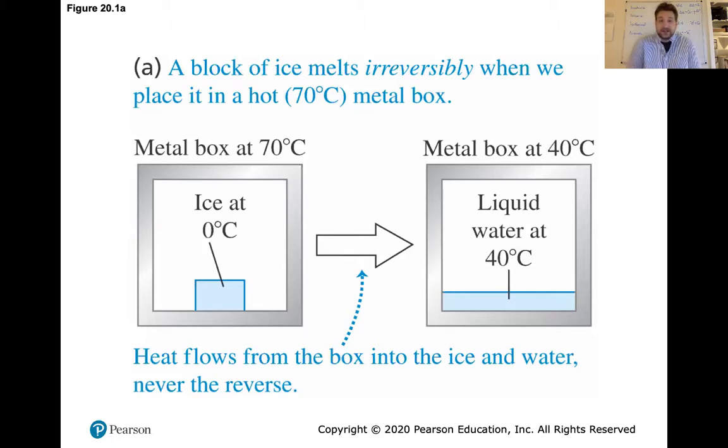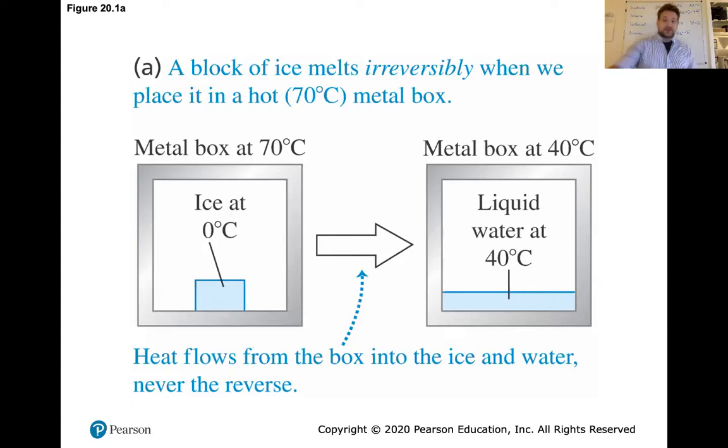It's not a thing we can do. This process only works in one direction. It's irreversible. We cannot reverse this process. Once the ice is melted, it's been melted, and no amount of sitting and waiting is going to change that.